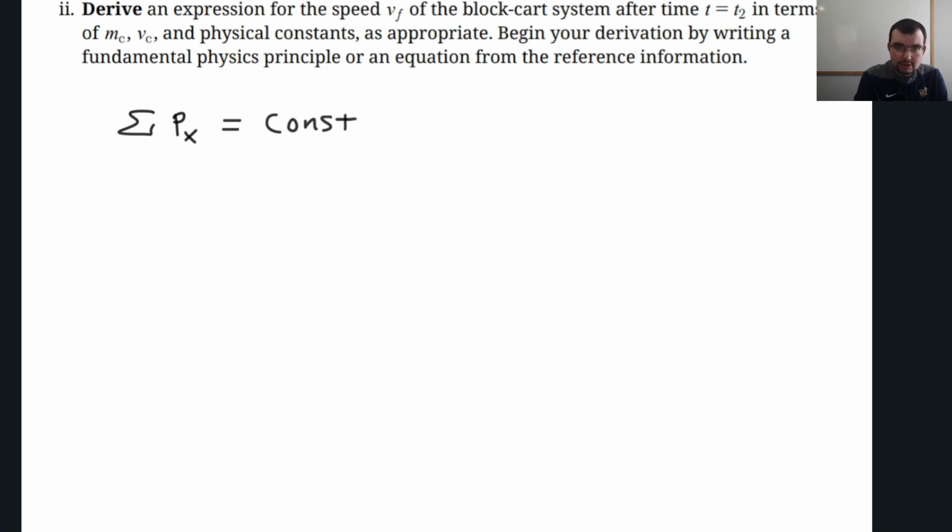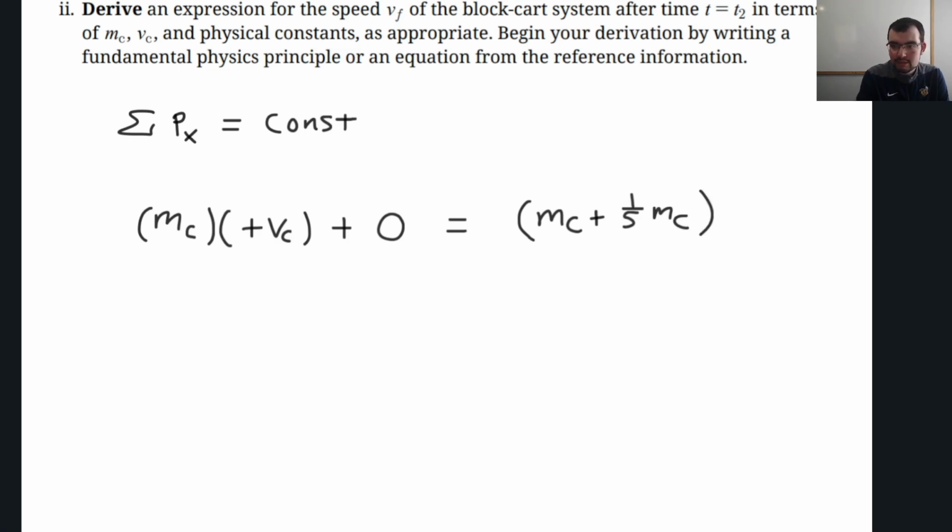Before the collision, we have a cart of mass mc moving at a velocity of vc to the right. And then we have a block of mass 1/5 m moving at a velocity of 0 horizontally, so there's 0 momentum there. And then after the collision, we have the cart and the block, which is a fifth of the cart's mass, moving as a combined object at some unknown velocity vf.